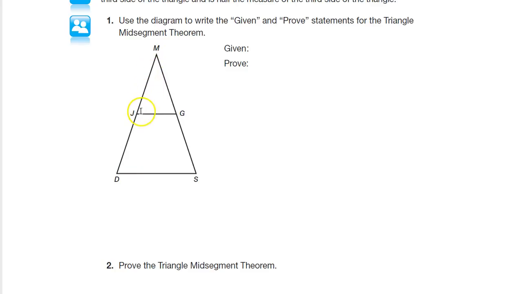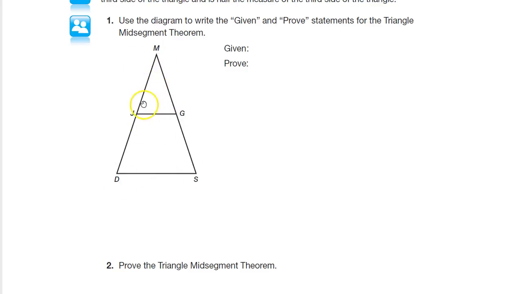Instead, what I'd say is that we know this pair of sides is proportional. This side is half of that side. We know that this side is half of that side, and we know this angle is congruent to itself. So by the side-angle-side similarity theorem, if two sides are proportional and the included angle is congruent, then the triangles are similar.